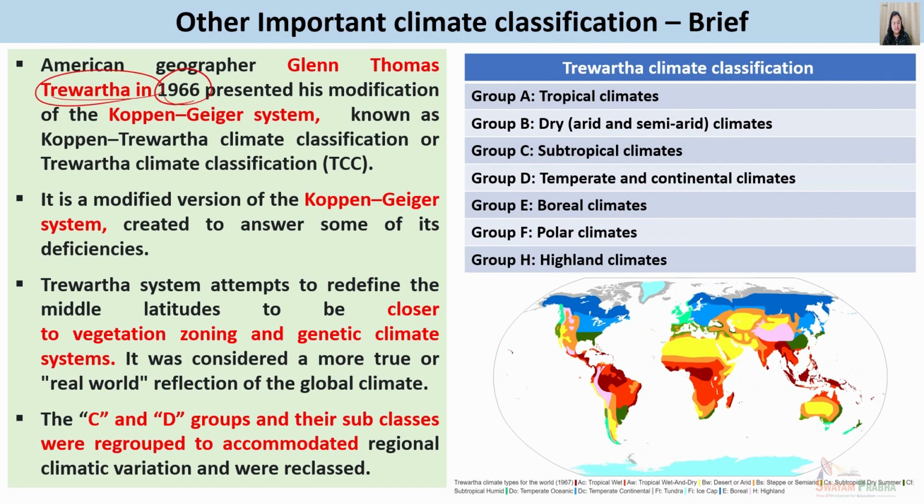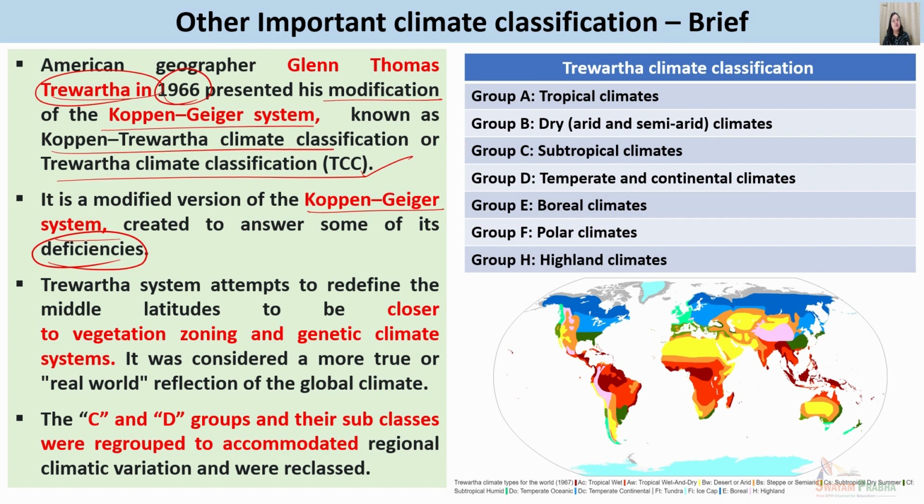Now, besides Thornthwaite, another important classification was given by, again, American geographer G.T. Trewartha in 1966. But basically, his climate classification was a modified or advanced modified version of the Koppen-Geiger climatic scheme only, which is also known as the Koppen-Trewartha climate classification, or simply the Trewartha climate classification. It is a modified version of the Koppen-Geiger climatic scheme created to answer some of the deficiencies which the scheme was not able to explain, particularly with the climatic regions of the middle latitudes extending between the 30 to 50 or 55-degree latitudes.